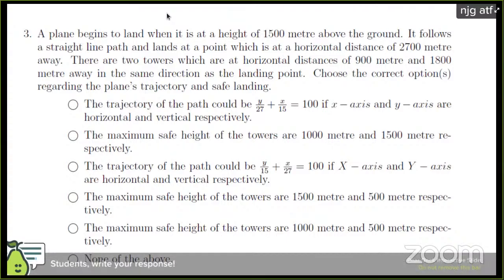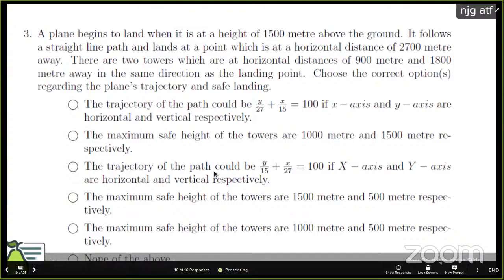Hello, done? Or do you guys need some more time? Yes, sir. Done. But I see only 10 responses out of 16. Shall we wait for 2 minutes for our friends?